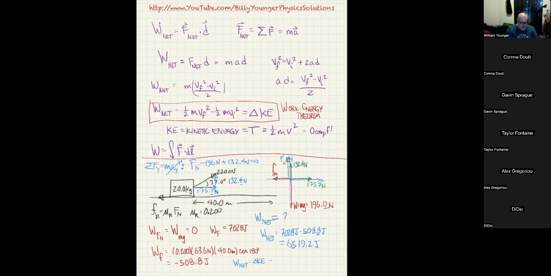Well, that means it's equal to 1/2 of 20.0 kilograms times V final squared minus, and I'm going to pull out the 1/2 m since it's common to both of them, minus the initial velocity of 0 squared.